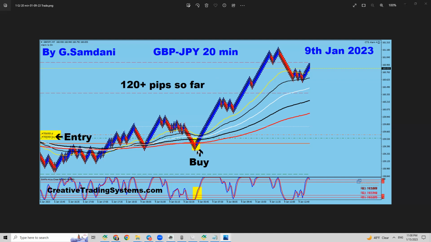So I said, okay, no problem, I'll try. The analysis is also very important, and I'll explain that later. So this third condition is that this low has to be equal or better, higher than the last low.